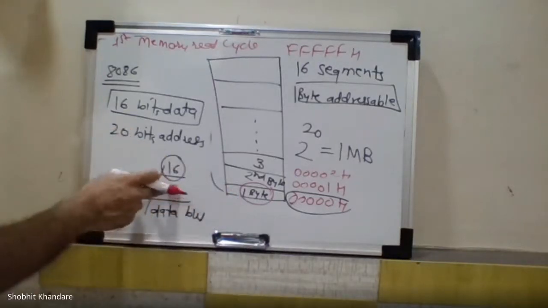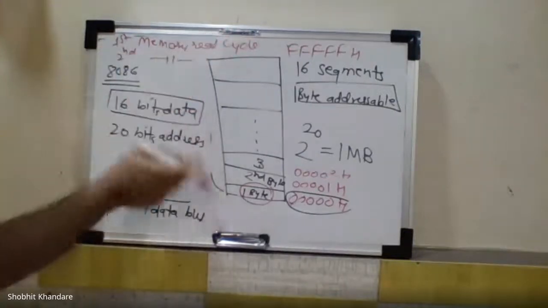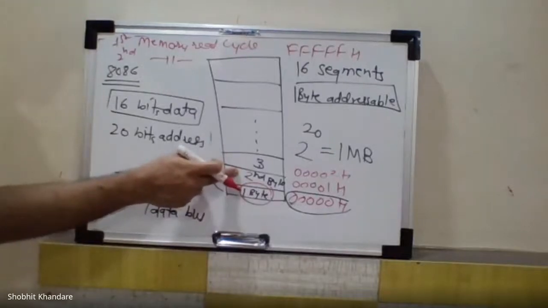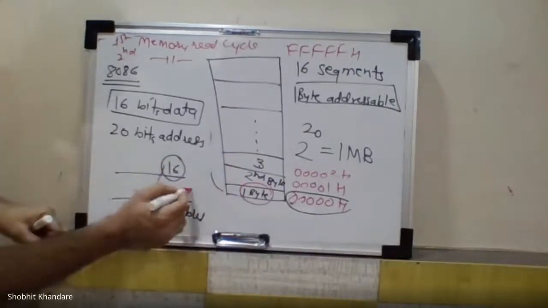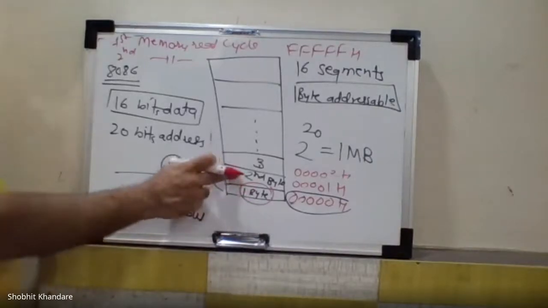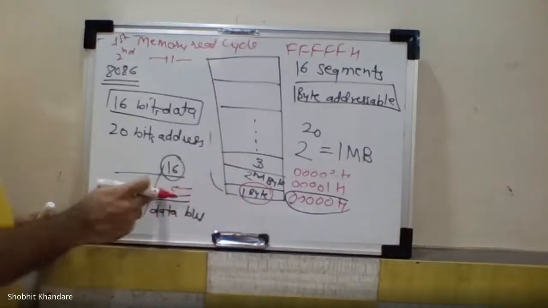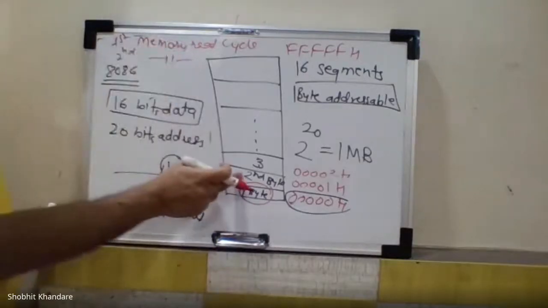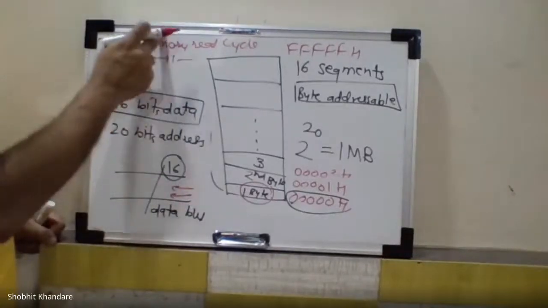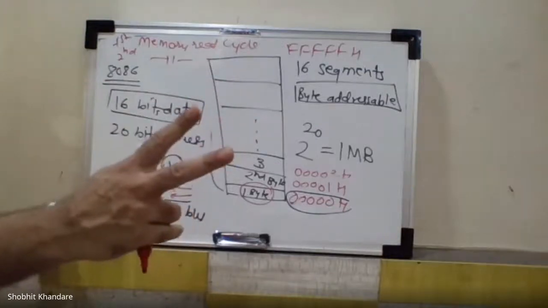Then in the second memory read cycle, I take the remaining 8 bits of data, the higher 8 bits. First memory cycle, first byte. Second memory cycle, second byte. So in total, I have 2 memory read cycles.